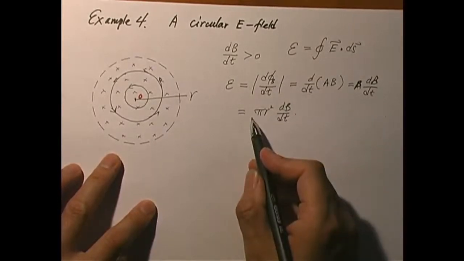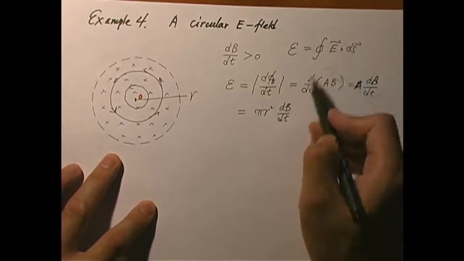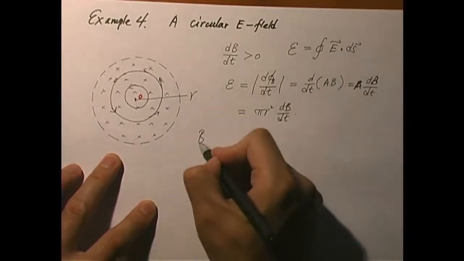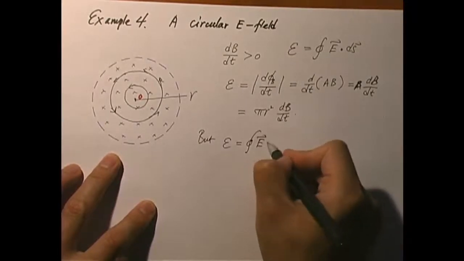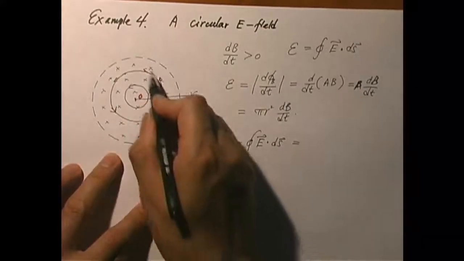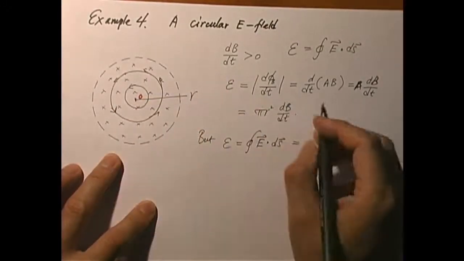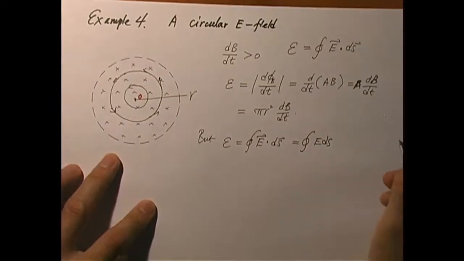So that's epsilon. But wait a minute, on the other hand, I know epsilon is equal to the integral of E dot ds. Let's elaborate on that a little bit. First of all, I know E and ds both point in the same direction. That's tangential, so that's E ds with cosine theta equal to 1.